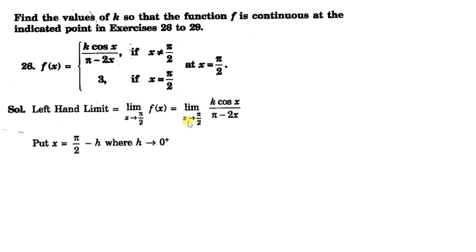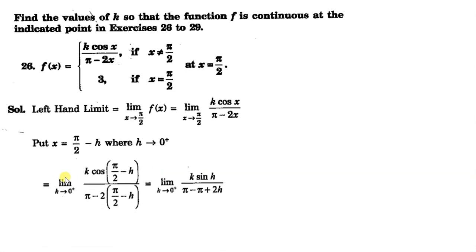It becomes the limit as x tends to pi by 2 of k cos x upon pi minus 2x, and to find the left hand limit we will replace x by pi by 2 minus h, and h tends to 0. So it becomes the limit as h tends to 0 of k cos (pi by 2 minus h) divided by pi minus 2 times (pi by 2 minus h).